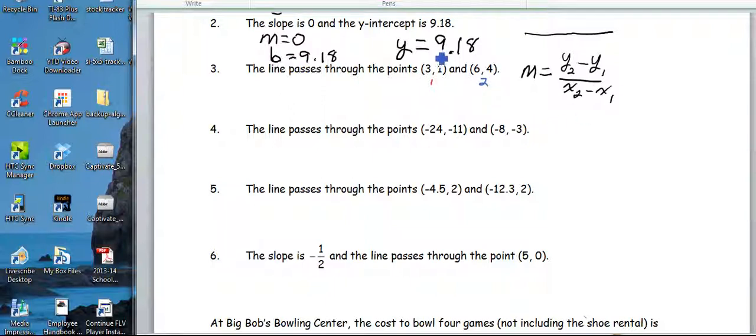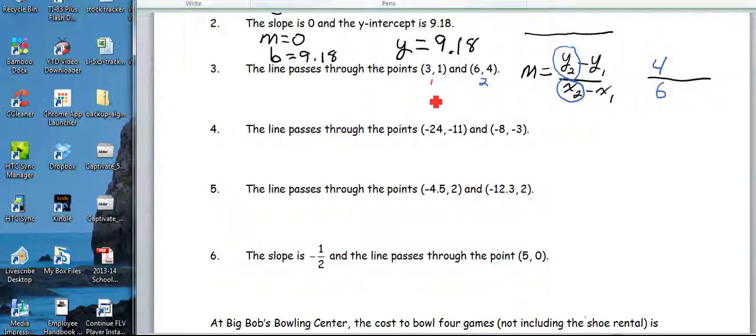So now I'll take my y from point 2. My y from point 2 is 4. That goes there. That's this place right here. And then I'll take my x from point 2, that's 6. That's this one right here.